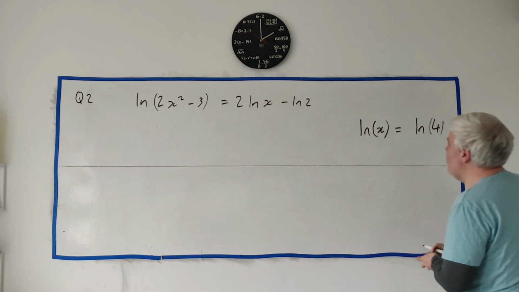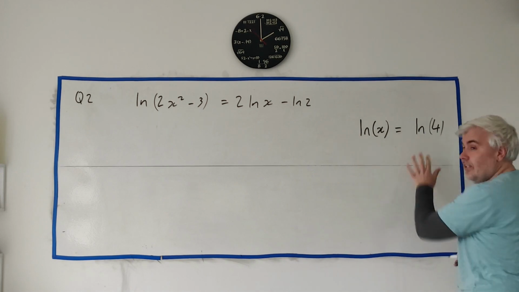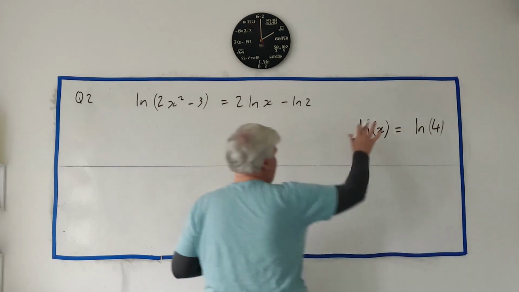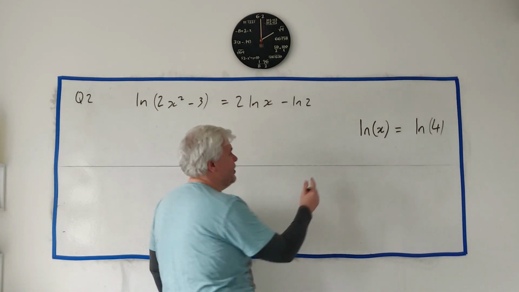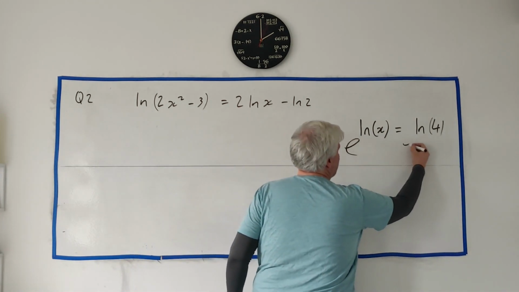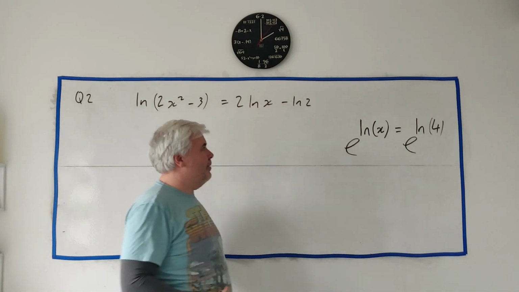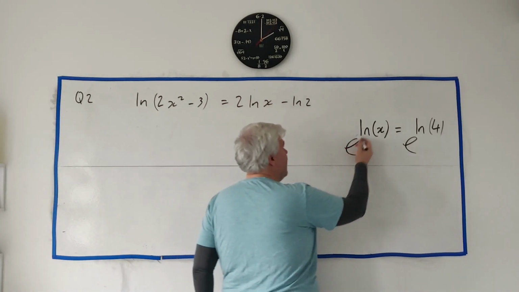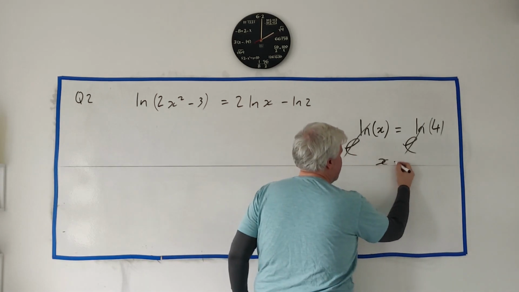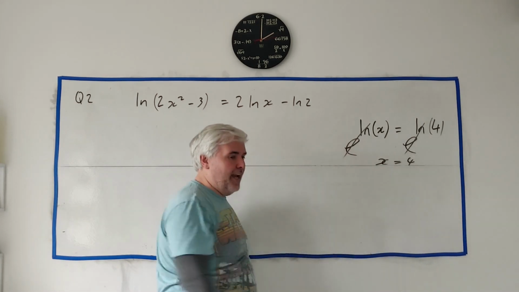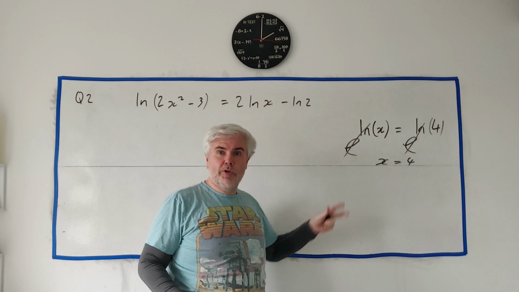Because then you're able to cancel these natural logs. Now you're not really cancelling the natural logs, you're actually putting e to the power of both sides, and it's the e and the natural log that cancel each other, leaving you, in this case, x equals 4.